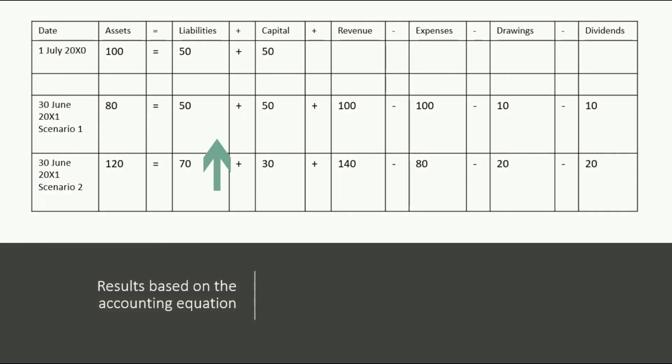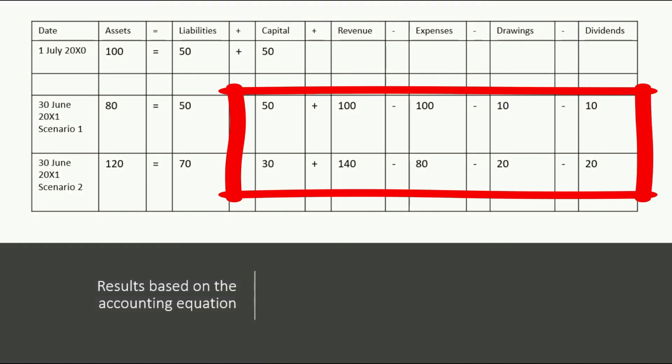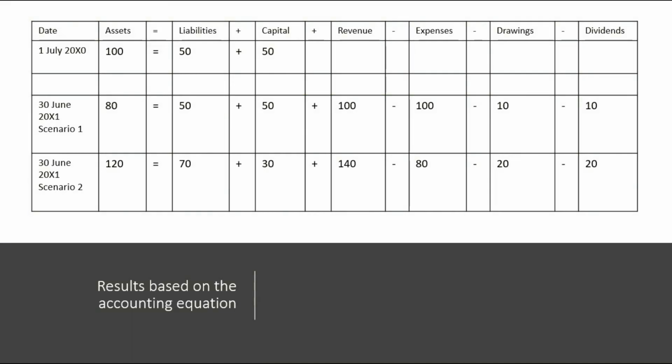So when we look at the net asset situation, assets less liabilities, it is 50 in scenario 2. And in scenario 1, assets less liabilities are equal to 50. So the net asset situation, or the owner's equity, has not differed in terms of value.